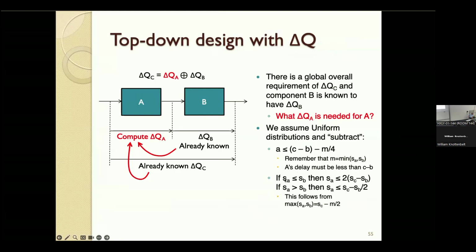And the spread here depends. It's more complicated to compute because you have different possibilities, because you're using min and max. So if you assume the spread of A has to be less than the spread of B, then it has to be less than or equal to 2 times SC minus SB.